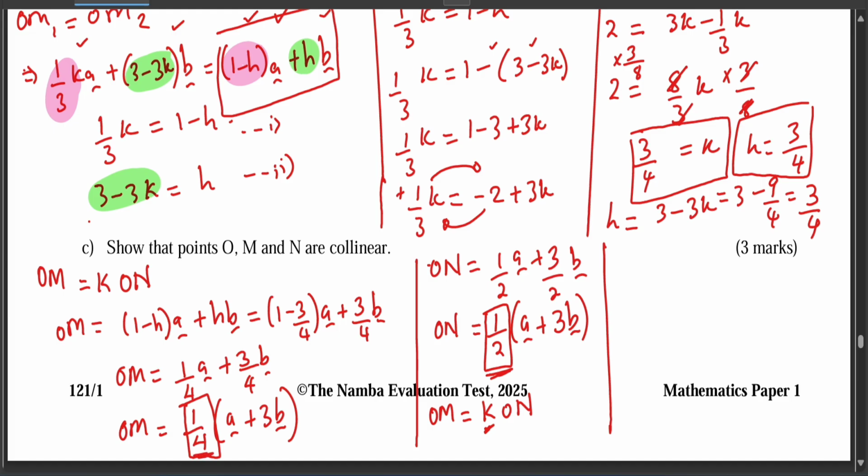So what do you need to multiply a half by to get a quarter? It's a half itself. So your k is therefore a half.